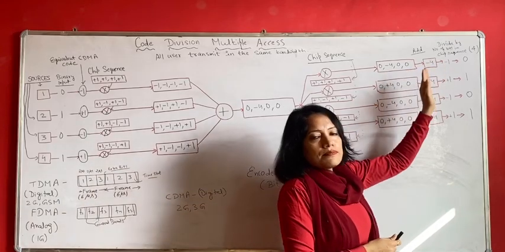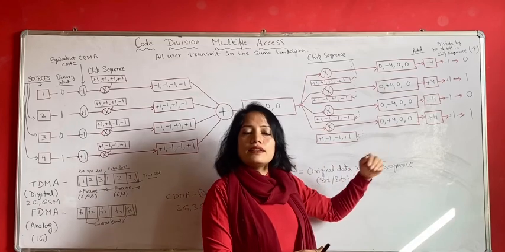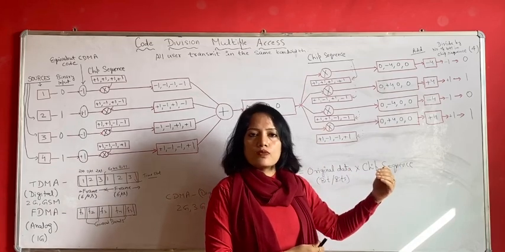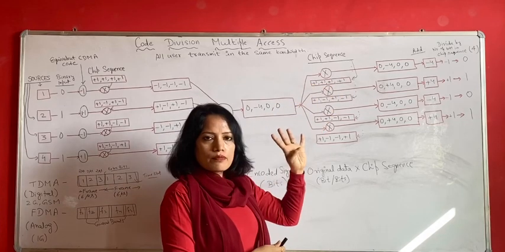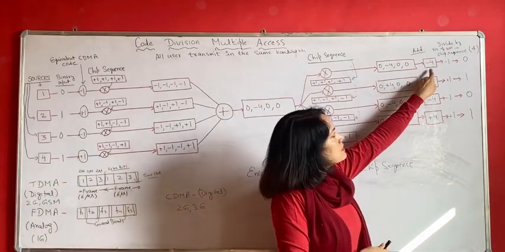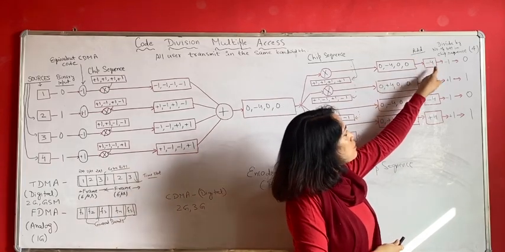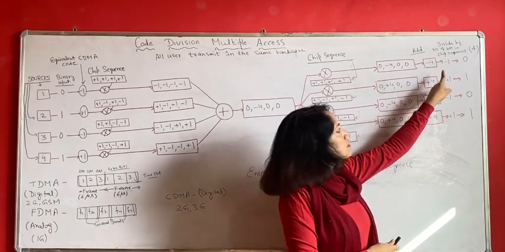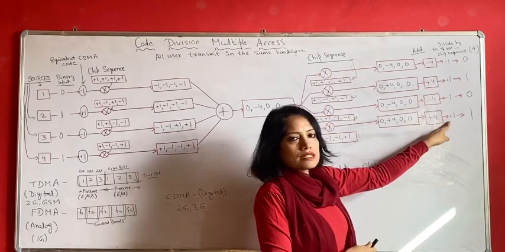In the next step this result has to be divided by the number of bits in the chip sequence. Here the chip sequence comprises 4 bits, so this result has to be divided by 4. After dividing -4 by 4, the result is -1. Here it is +1, here it is -1 and then +1.